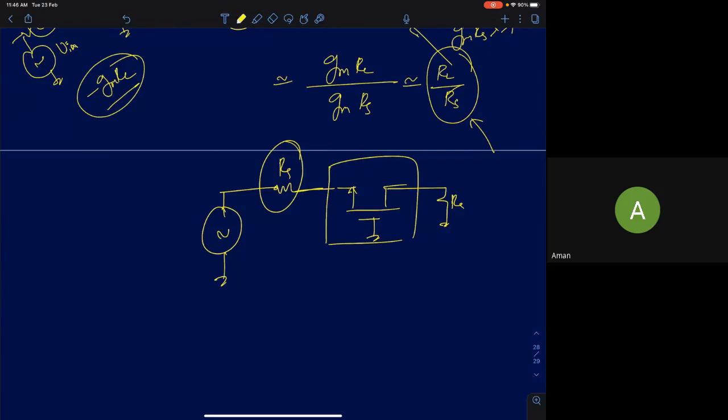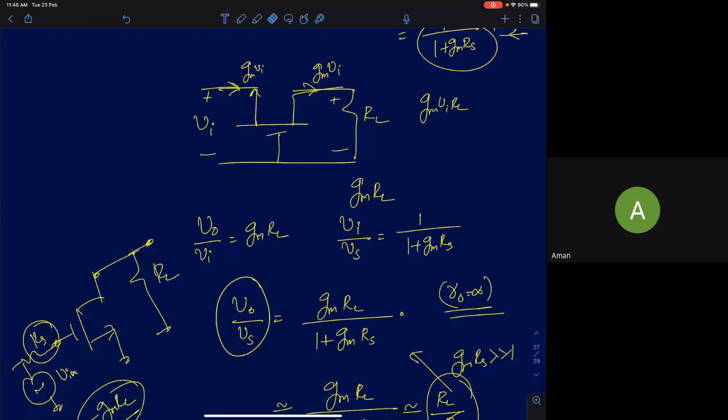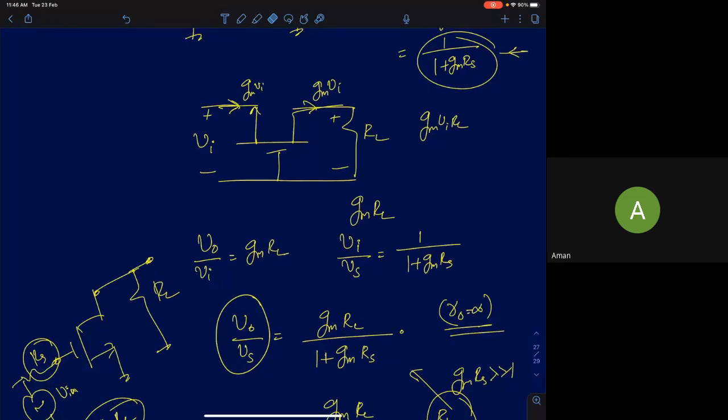When you say Rs is very small, it should be smaller compared to the input resistance of the common gate. Then you can use a common gate amplifier. So if Rs is very large, then we have a problem with using a common gate amplifier. Okay, so that's about common gate amplifiers.